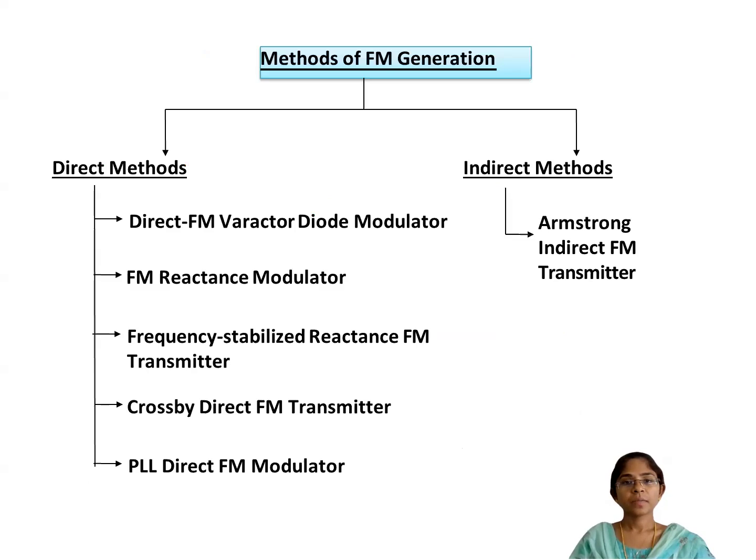These are the different methods of FM generation. In the direct method, we generate FM using a voltage controlled oscillator, or an FM reactance modulator, direct FM varactor diode modulator, or PLL direct FM modulator.